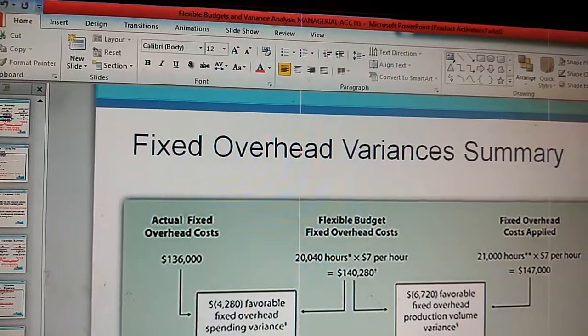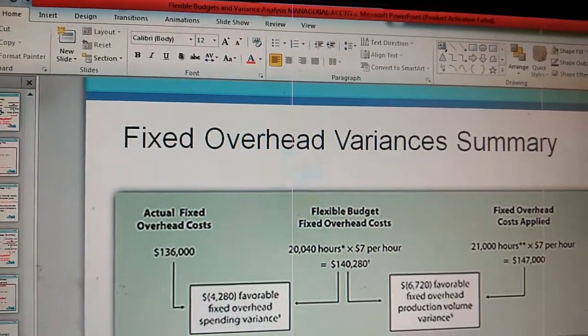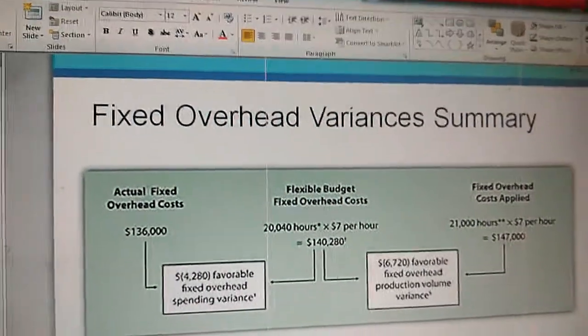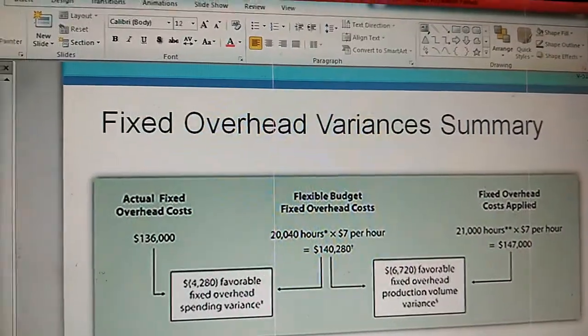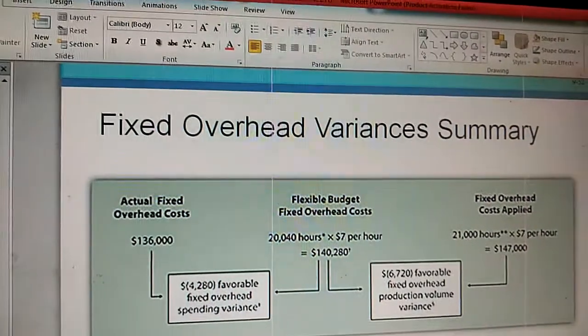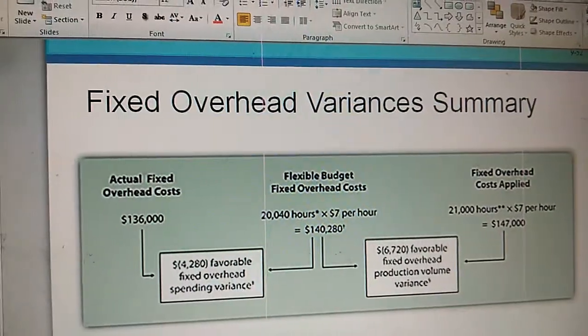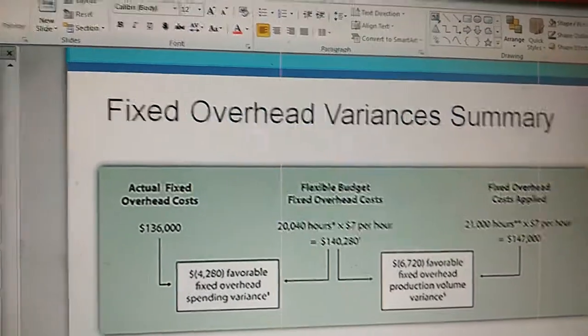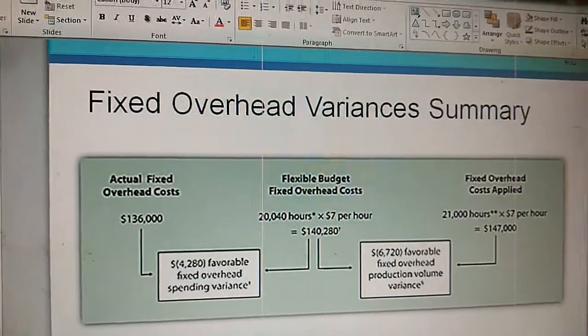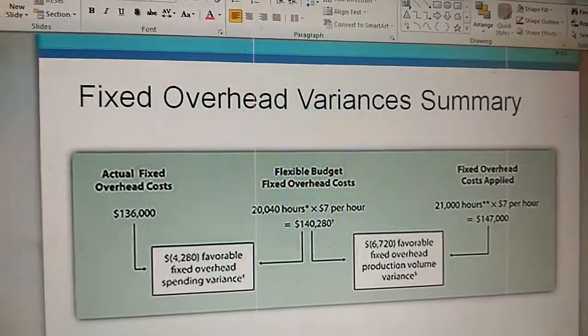The $4,280 favorable fixed overhead spending variance is taken from the $136,000 actual fixed overhead cost minus the $140,280, which is the flexible budget fixed overhead cost. The variance is favorable, if you notice, because the actual fixed overhead cost is lower than the budgeted cost.